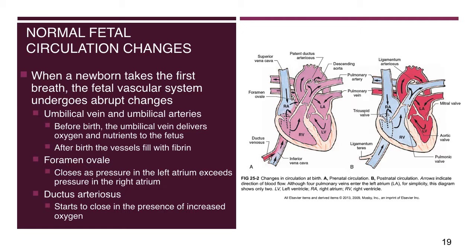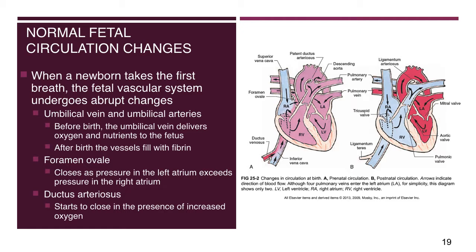So when that newborn takes that first breath, the fetal vascular system undergoes these very rapid changes. The umbilical vein and the umbilical arteries close. Before birth, the vein delivers oxygen and nutrients to the fetus, and afterwards, the vessels fill with fibrin and clot off.